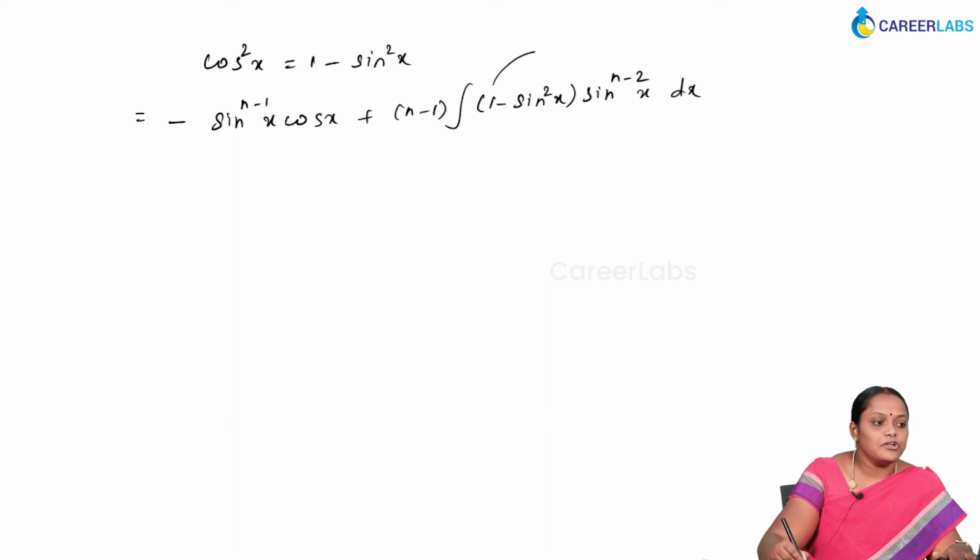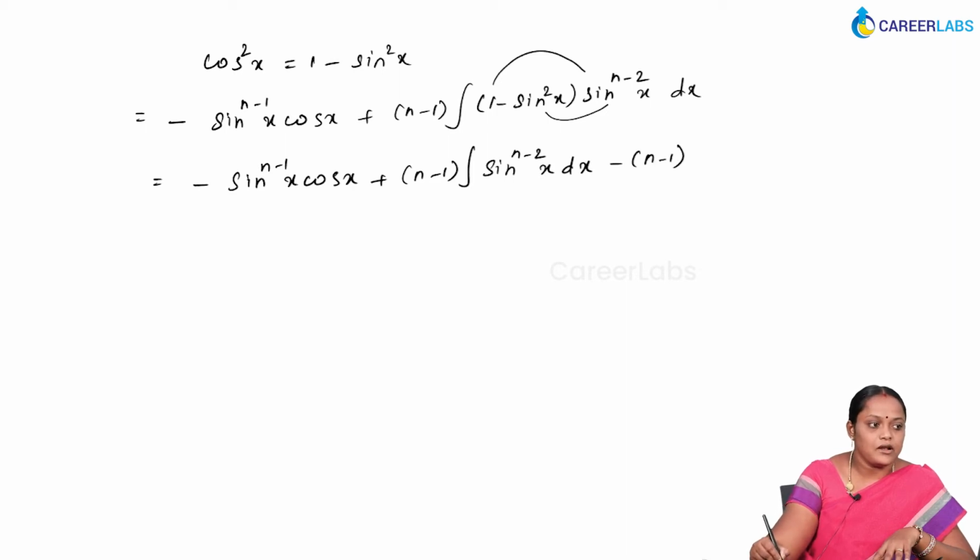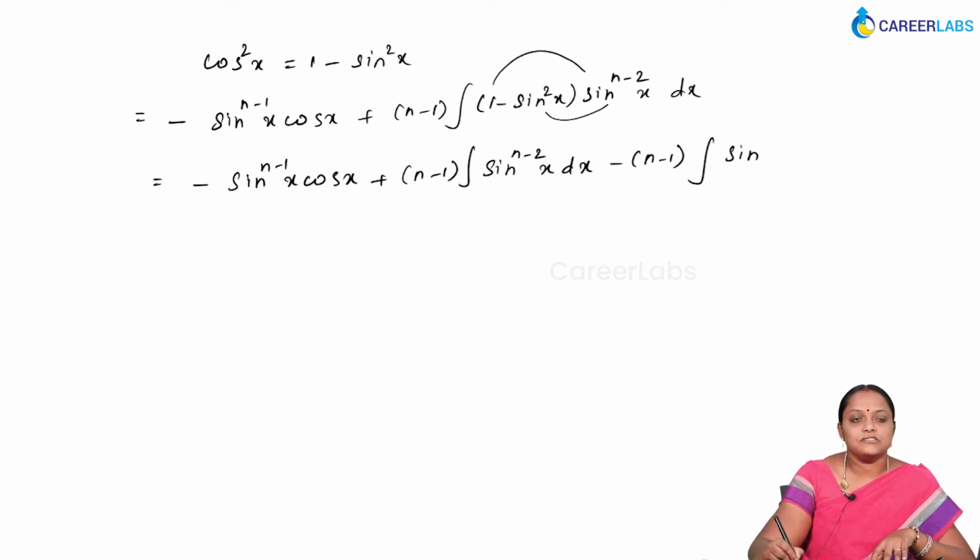Okay, we are just going to multiply with these two terms and write it as two different expressions. So this is equivalent to minus sin^(n-1) x cos x plus n minus 1 times integral sin^(n-2) x dx, then minus n minus 1 integral. So what will happen to these two combinations? The 2 will get cancelled and it is simply sin^n x dx.